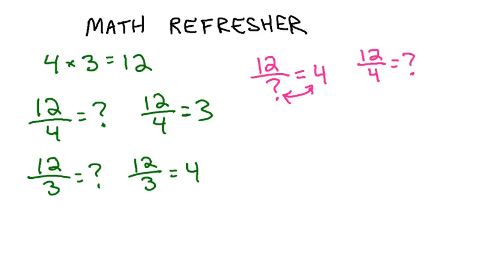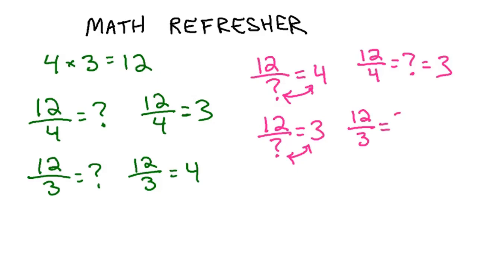And we know 12 divided by 4 is 3, so question mark equals 3. Or if you have 12 divided by question mark equals 3, well, you can swap these around and you end up getting 12 divided by 3 equals question mark. And then we can solve it because we know 12 divided by 3 equals 4.